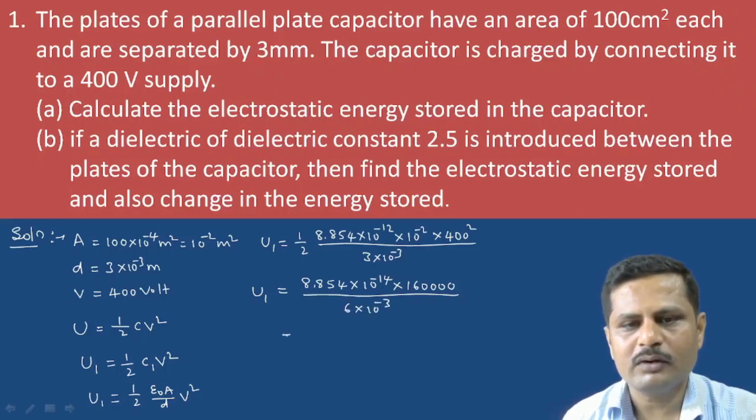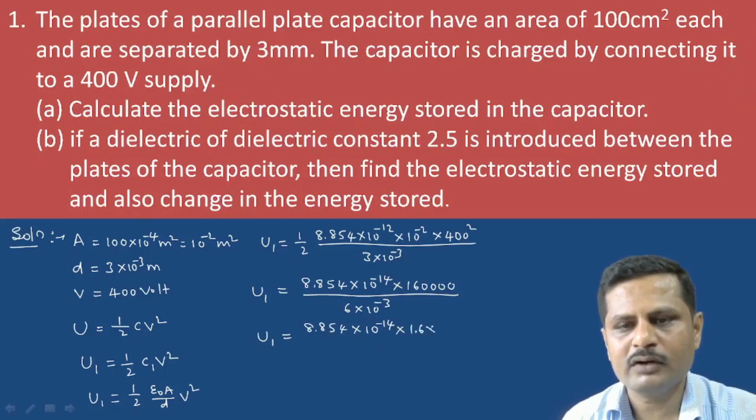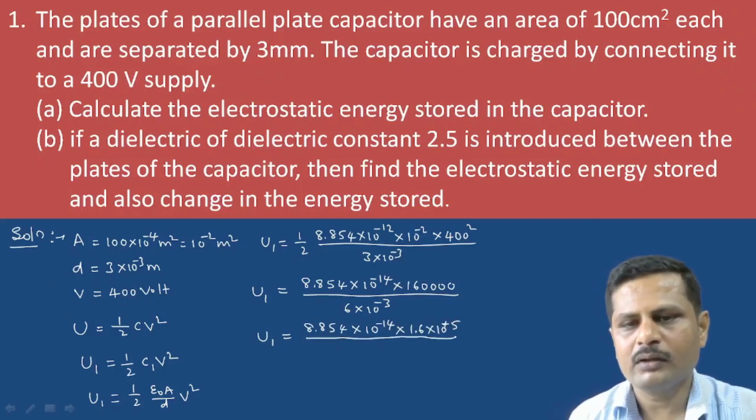Now this can be written as U1 equals to 8.854 into 10 raised to minus 14, and this 1,60,000 can be written as 1.6 into 10 raised to plus 5, divided by 6 into 10 to the power of minus 3.